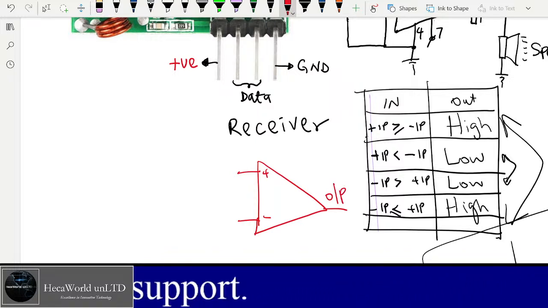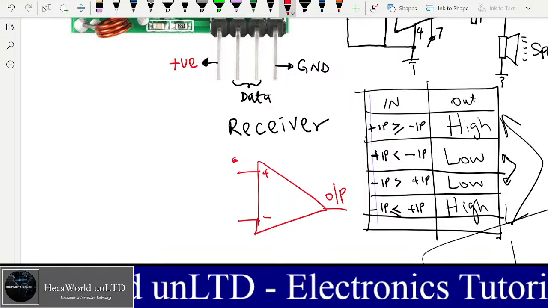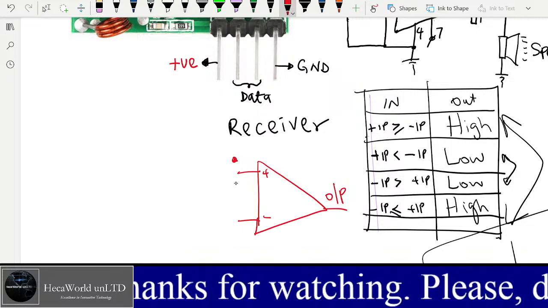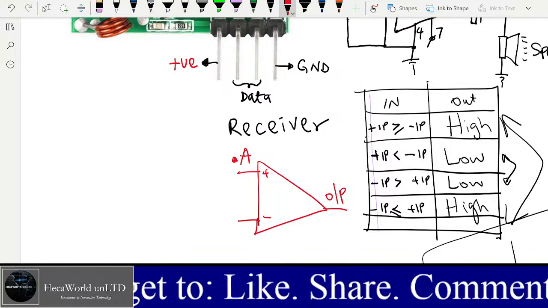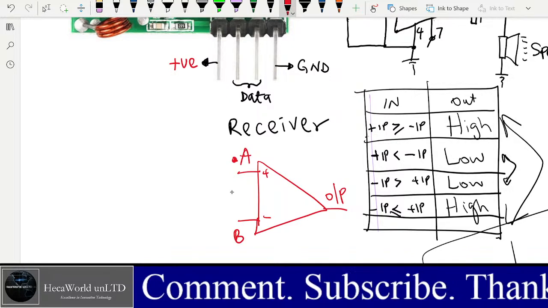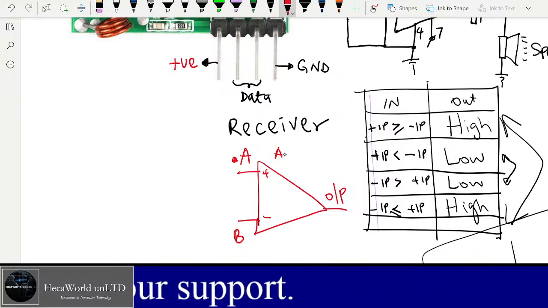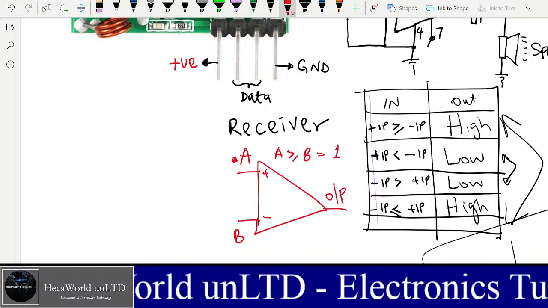And we are saying anytime the signal in the positive input, so signal here, is greater than, so for that, let's call it A and B to make it easy. So when signal at A is greater than or equal to signal at B, the output is 1 or high.